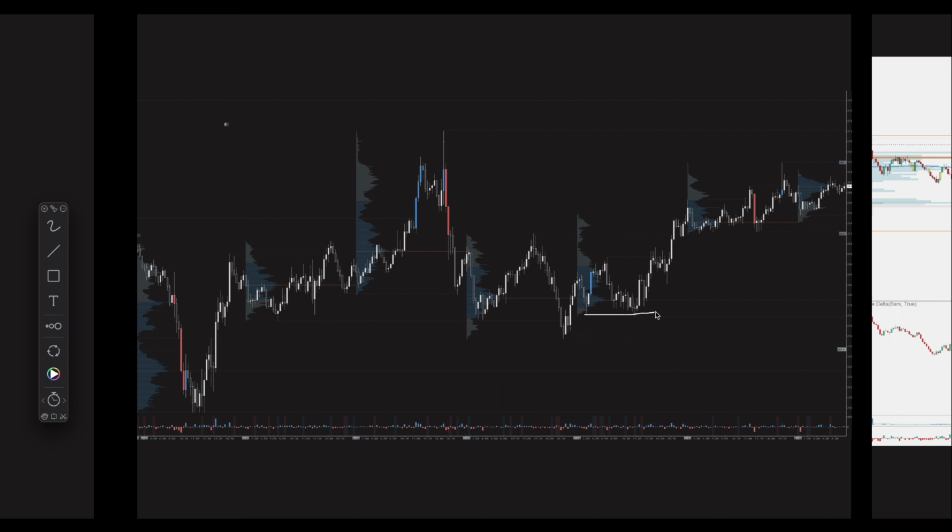The failed swing, which happens here, this prior swing point is happening at the prior day value area high. Okay, once you break above the prior day value, you are going to retest this last price pause before the move up.